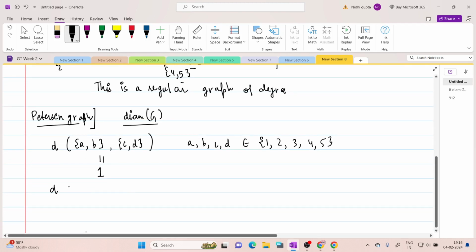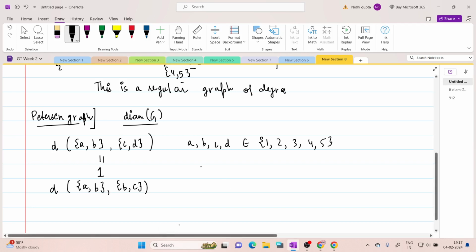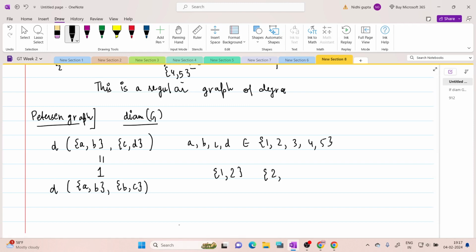What happens if they have one common element? Suppose I take 1 2 and 2 3. There is no edge between them, so the distance cannot be 1.